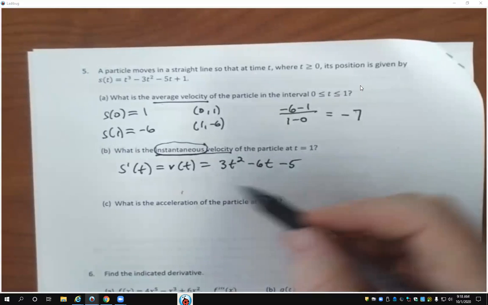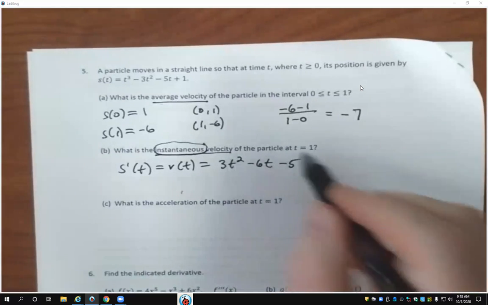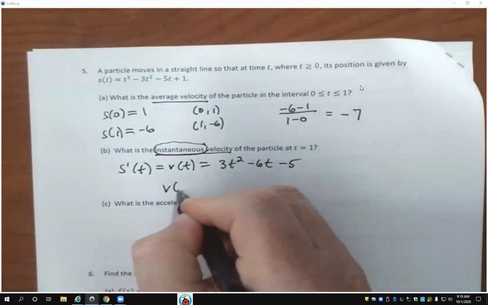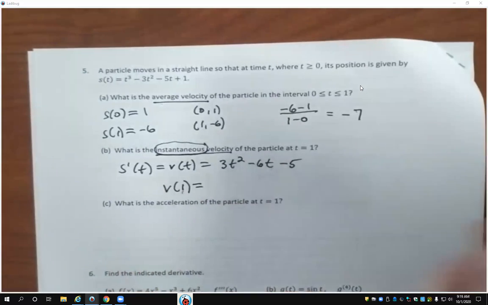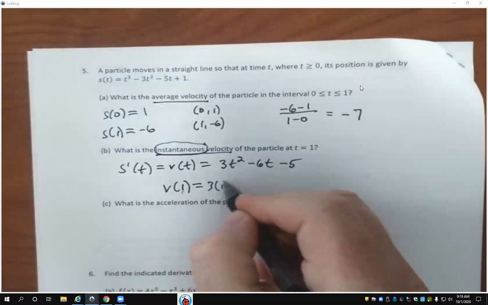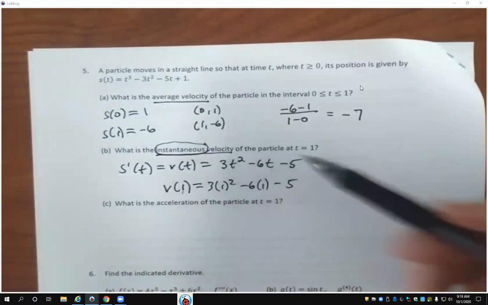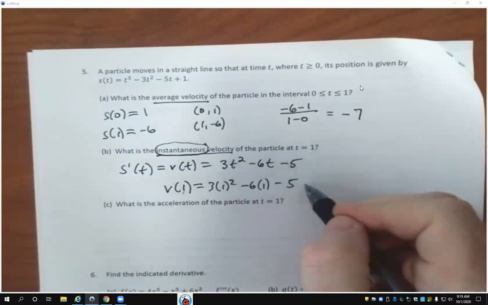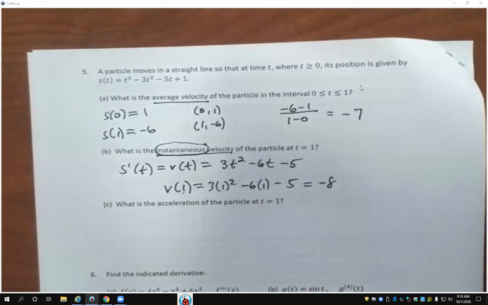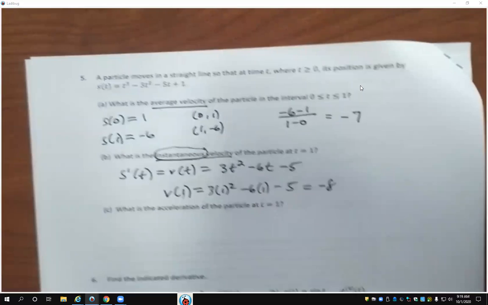We are asked to find the instantaneous velocity at time 1, so we need V of 1. That's 3 times 1 squared minus 6 times 1 minus 5, which is negative 8. In this case, they did not give us units.